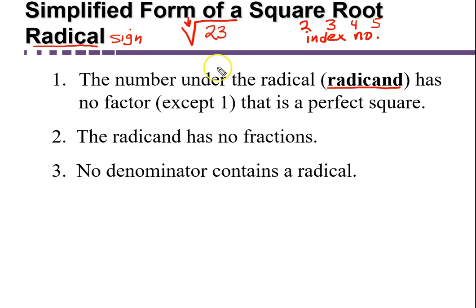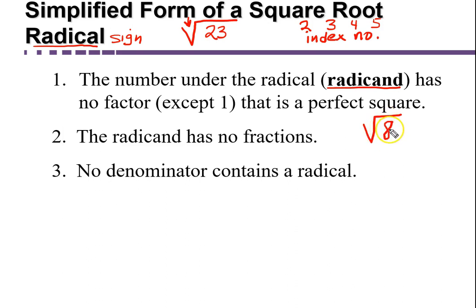Now, when we simplify radicals, in order to have them simplified, you want to have the smallest number possible under the radical sign that is not a perfect square. And I'll give you an example of it here so you can see it. Take some notes on this. Let's take the square root of 8. Now, as we look at the square root of 8, is this the smallest number that could be under the radical sign?